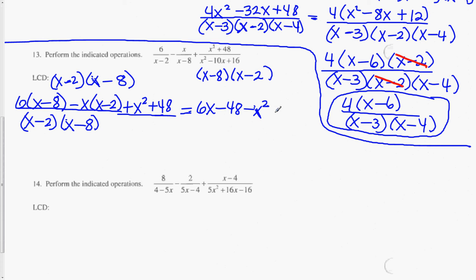Negative x times a negative 2 would be plus 2x, plus x squared plus 48, all over x minus 2, x minus 8.